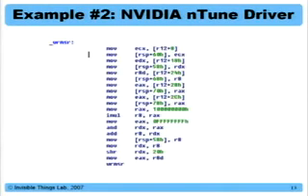Consider another type of bug. These bugs are not used for reading or writing kernel memory, but, for example, this driver, which was included in the NVIDIA nForce driver package, actually in nTune software, is able to read and write MSRs, machine-specific registers, on a command passed from user mode.